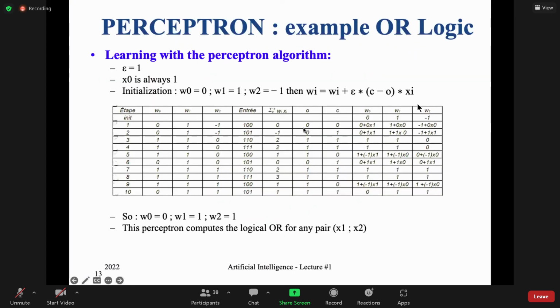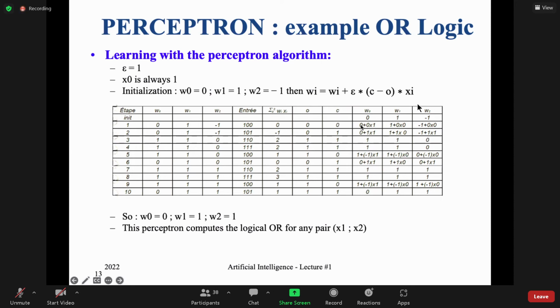Now, it means that C minus O equals 0. So we don't have to change the coefficients which are here. These coefficients will be the same, as I explained here. So the coefficients for the next step will be 0, 1, and -1. They are the same. Okay.